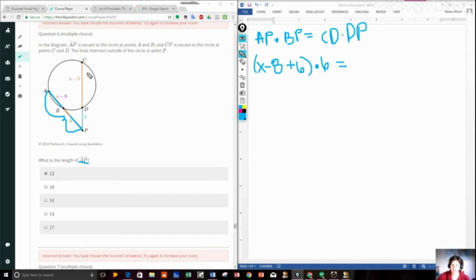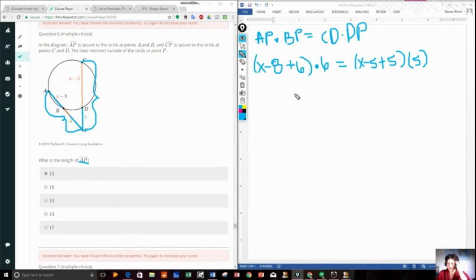That's going to equal CD. CD is this whole distance. So the first segment of CD is x minus 5, and the second segment of CD is 5. So we're going to add 5. And then DP is 5.